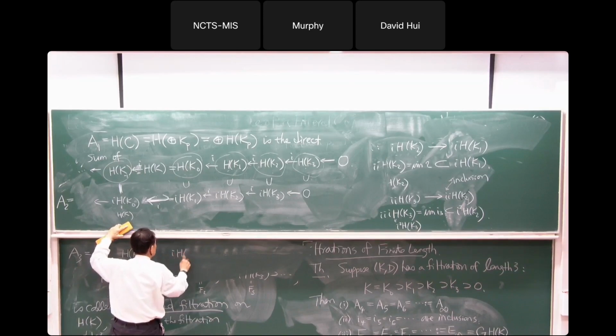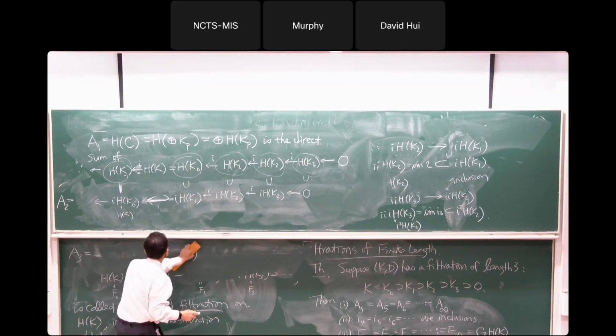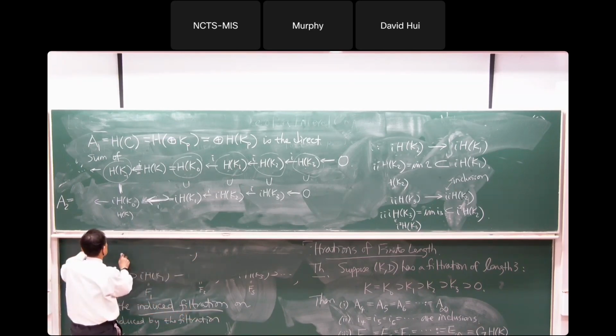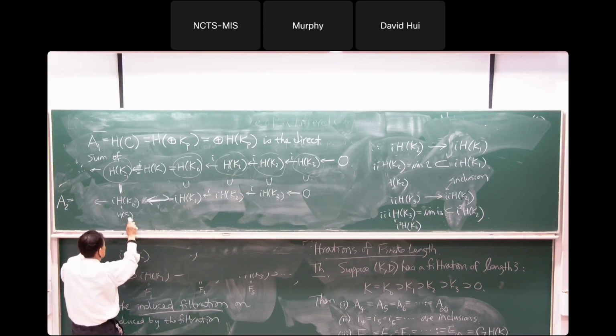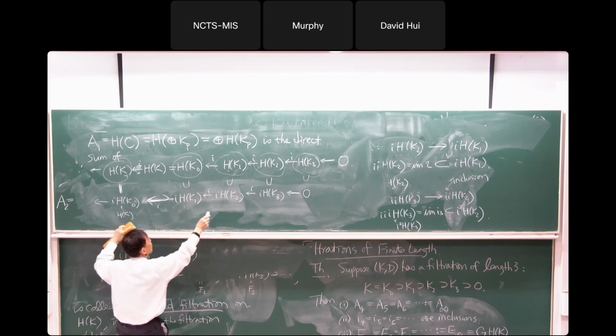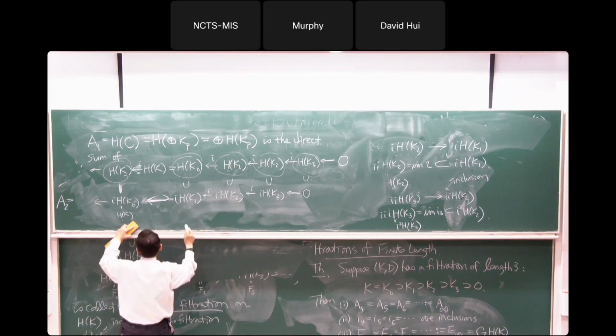So it still gets IHK. I'm going to write IHK here, because you have mapped it in here, right? So IHK is contained in HK, and then I squared HK is contained in here.